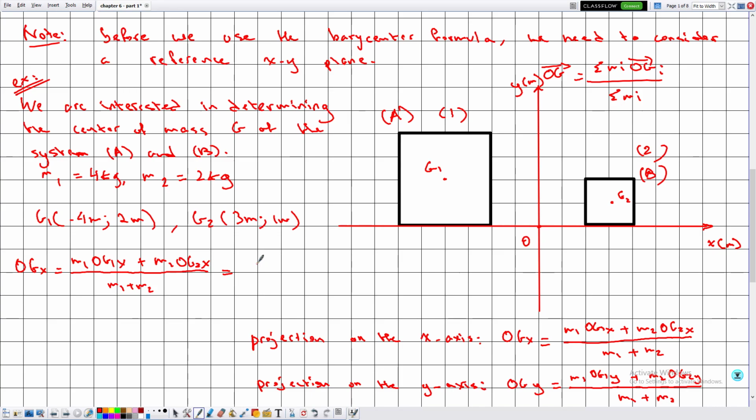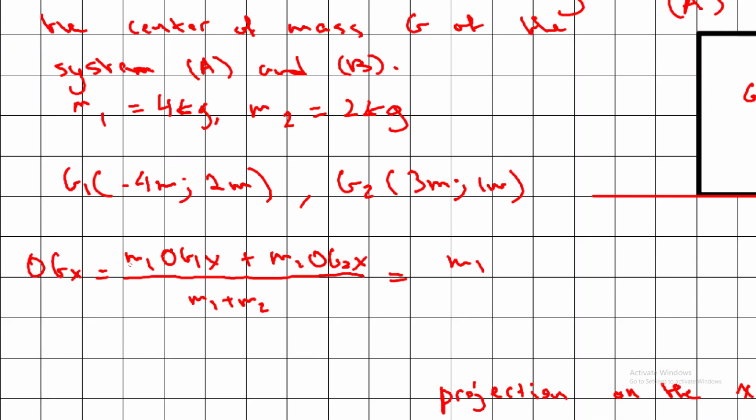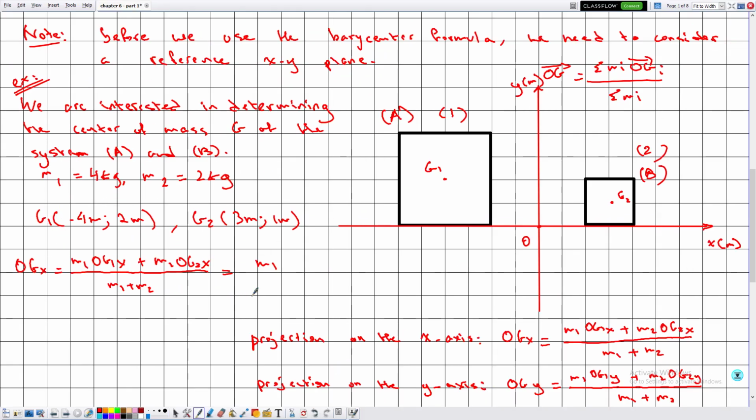This can be written also as m1. What does OG1x represent? It's simply the x coordinate of G1, which is given, say for example, by m1 x1 plus m2 x2 divided by m1 plus m2. Now this is x1 y1, this is x2 y2.